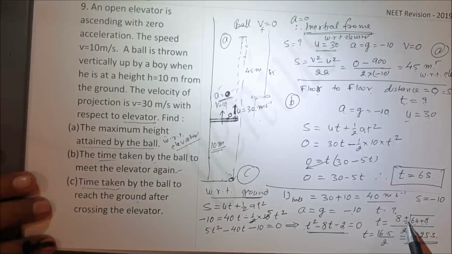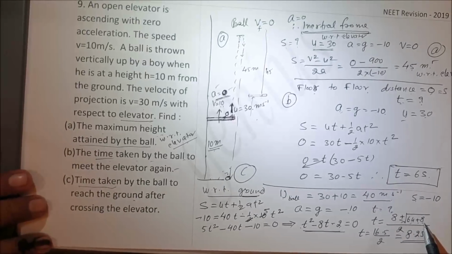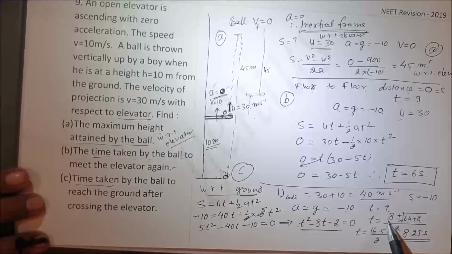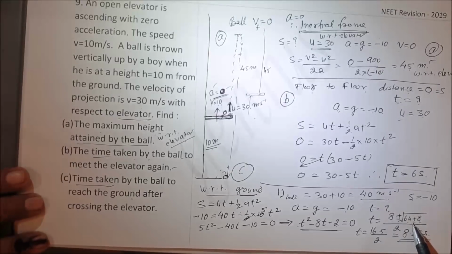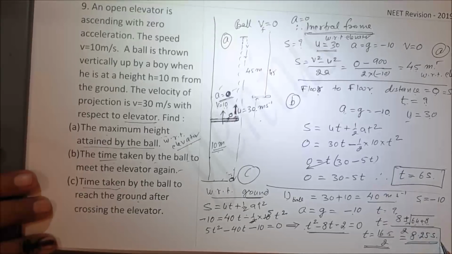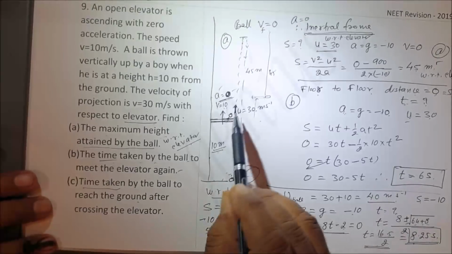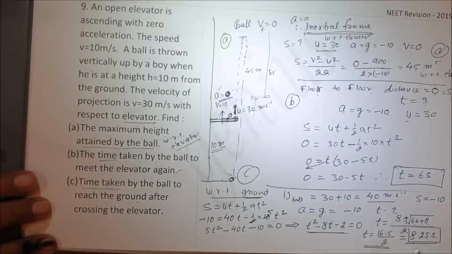So this becomes 8 plus minus root 72, and root 72 is 8.5, and this becomes 16.5 with the plus, and there will be a negative value. The time is not negative, so we reject the negative value and take only the positive value, 16.5 divided by 2, that is 8.25 seconds. So when the ball goes up and comes down to the ground, the time taken is 8.25 seconds.